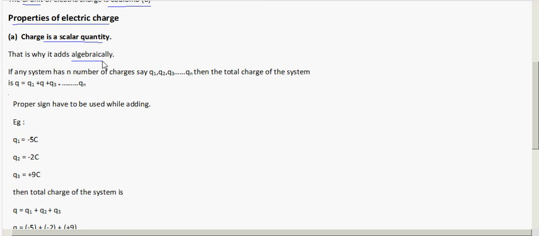Next we will see what are the properties of electric charge. The first one is, charge is a scalar quantity. Because charge is a scalar quantity, we can add charges algebraically.